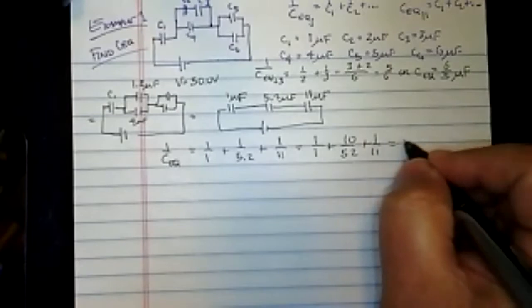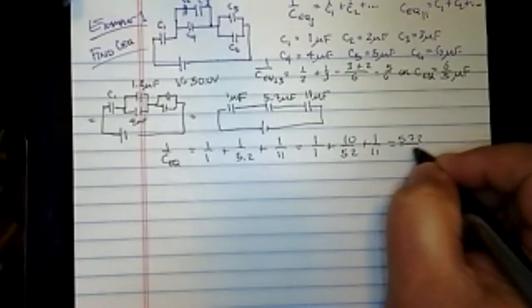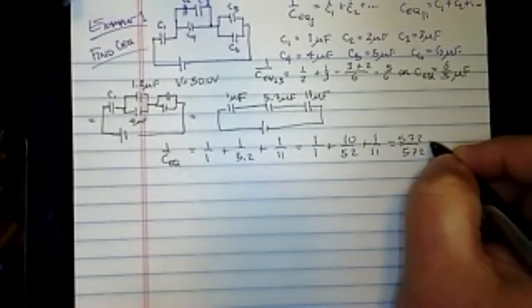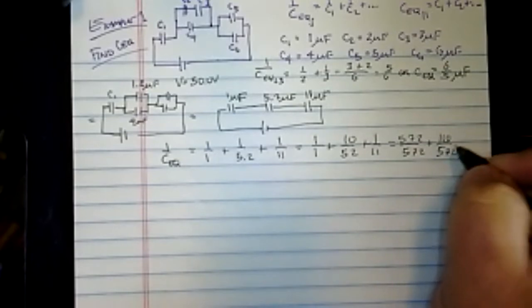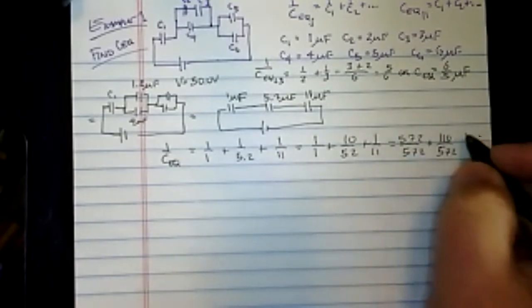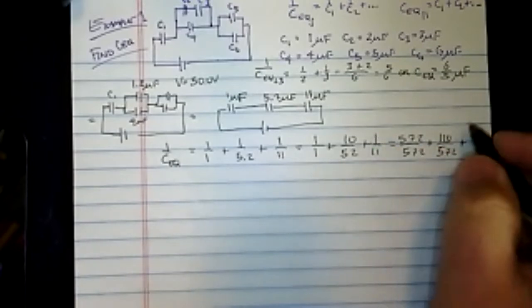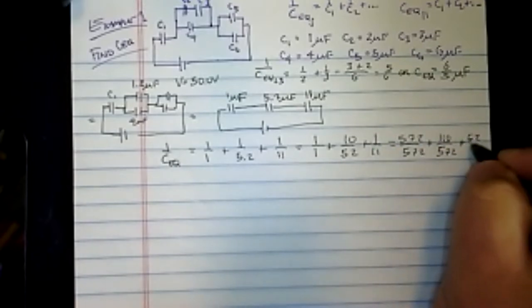So I'm going to say 572 over 572 plus 11 times 10 is 110 over 572 plus 52 times 1, which gives me 52 over 572.